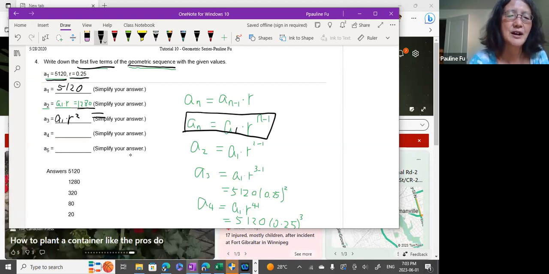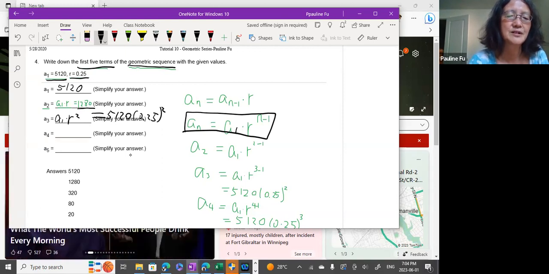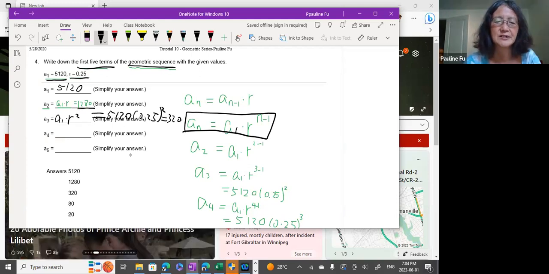And then A1 is 5120, R is 0.25 raised to power 2. And you'll get 320. Questions so far?